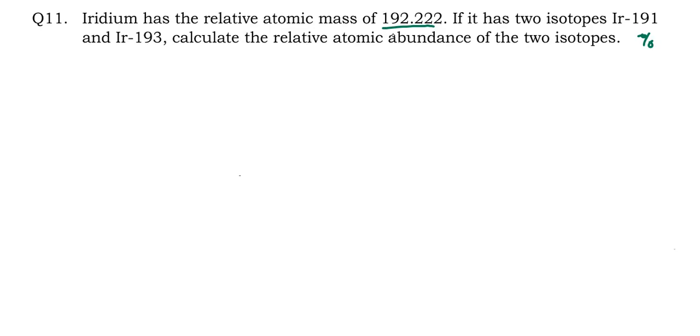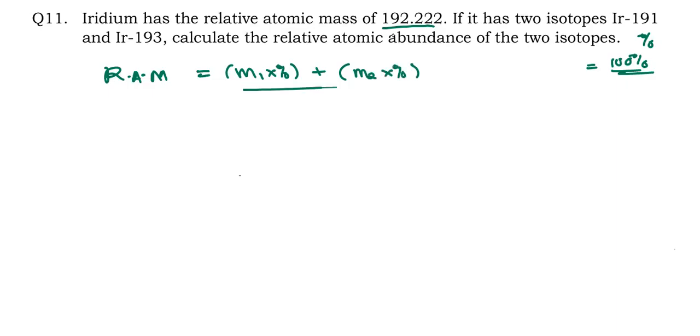All right, so what we are going to do is this. We know that the total abundances should be 100%. That is the total composition. So we are going to write the same formula we used in question 10: M1 multiplied by percentage abundance plus M2 multiplied by its percentage abundance, then we divide by 100.